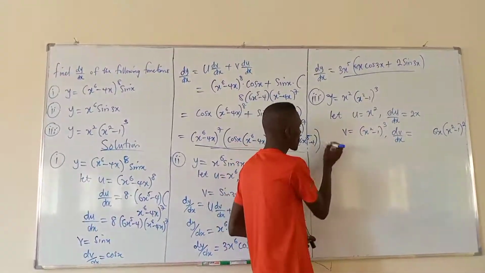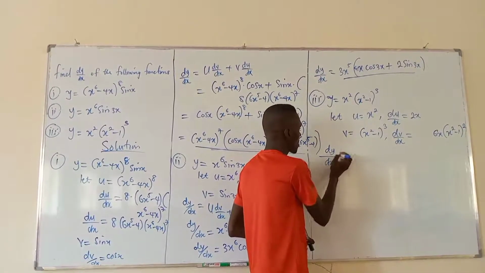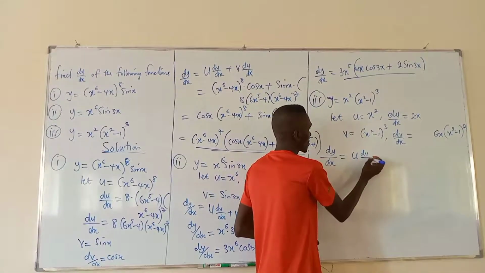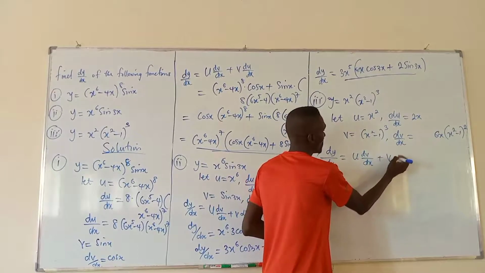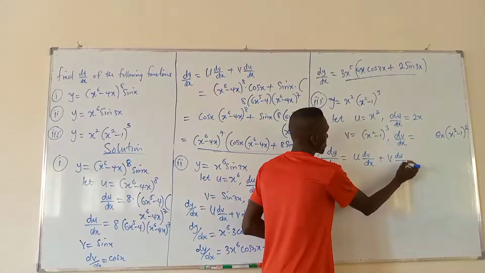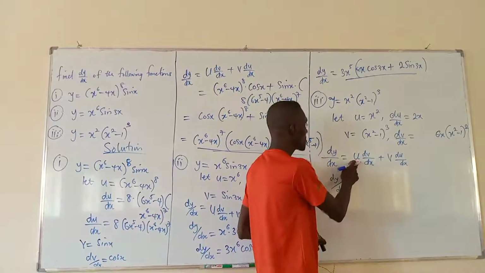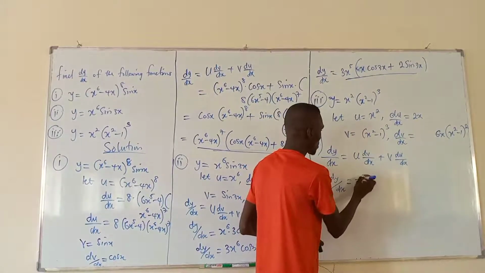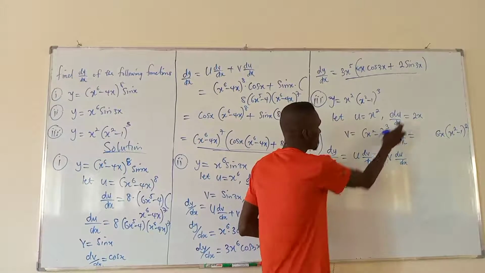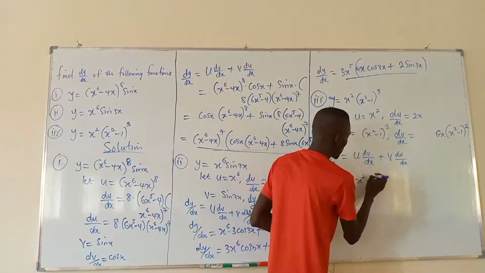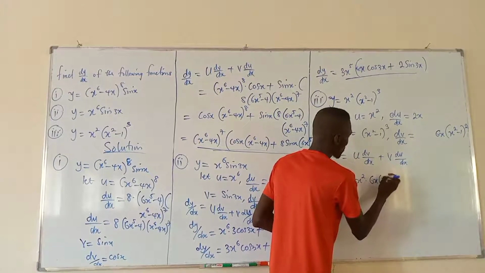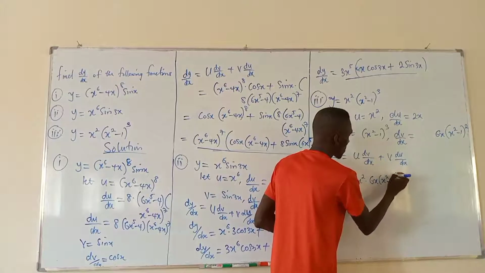So we can put it in the formula, which is dy/dx equals u dv/dx plus v du/dx. So our dy/dx now, substituting everything, is going to be u, which is x squared, times dv/dx. dv/dx is what? We said 6x times (x squared minus 1) raised to power 2.